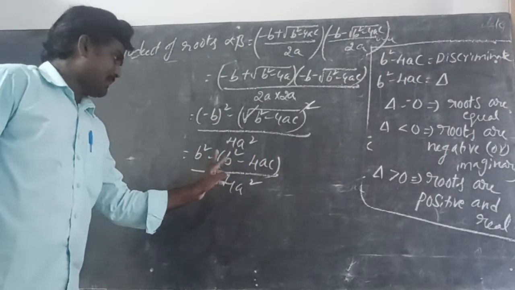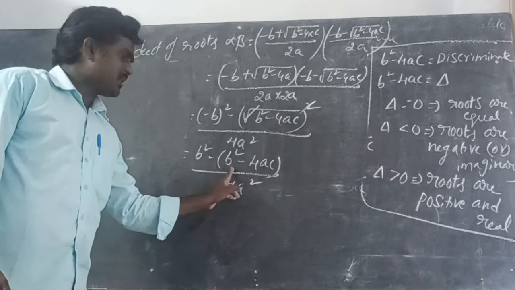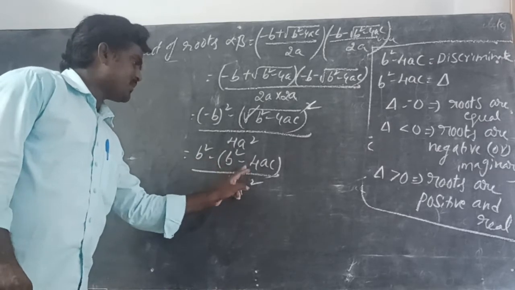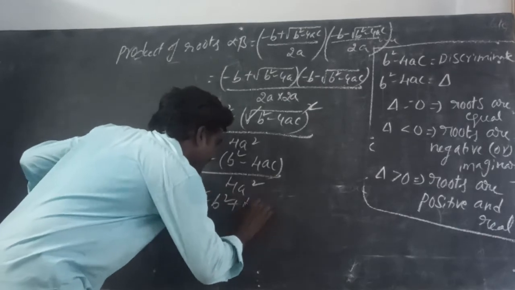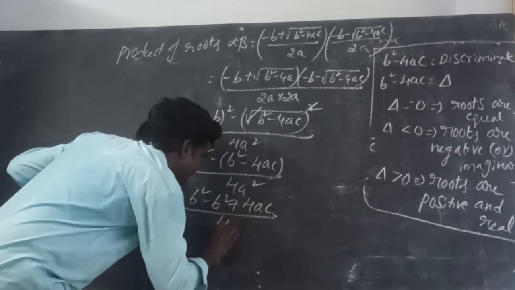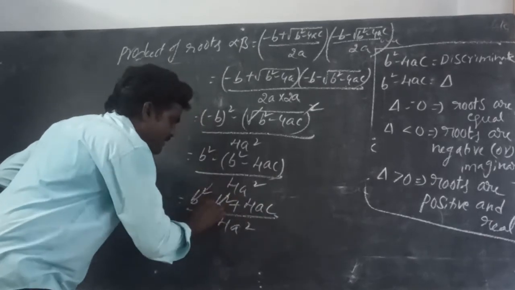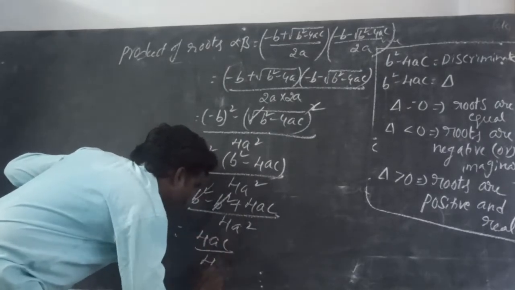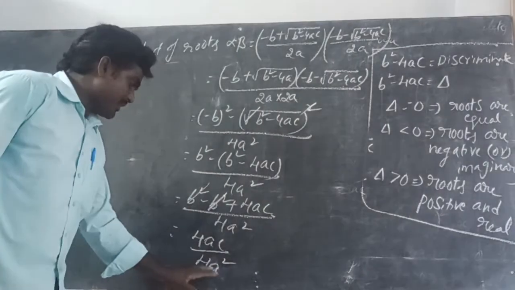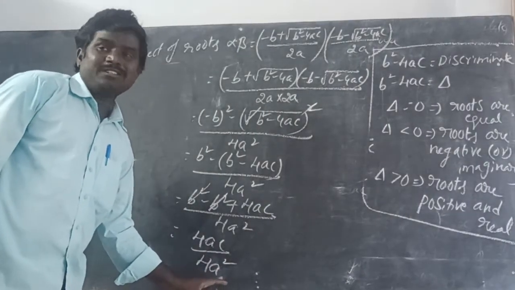The minus is multiplied with both terms, so b square minus b square plus 4ac by 4a square. The b square terms cancel. So what is remaining? 4ac by 4a square.